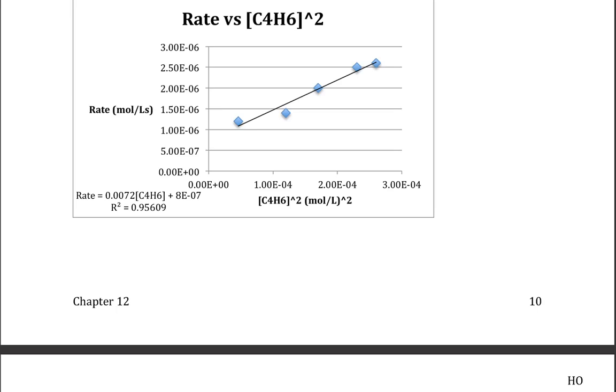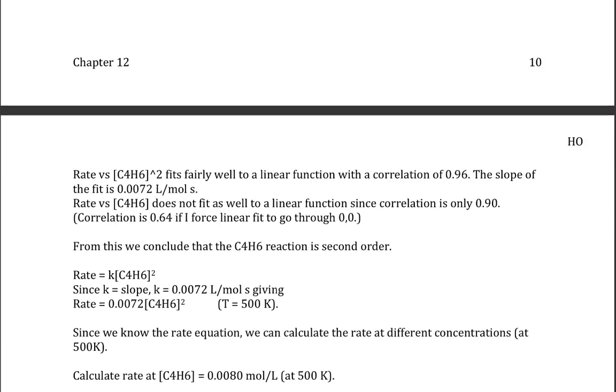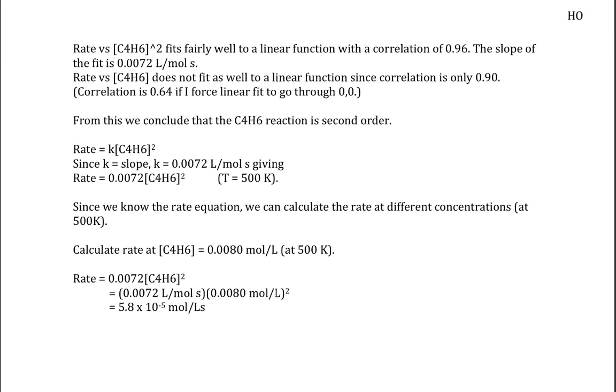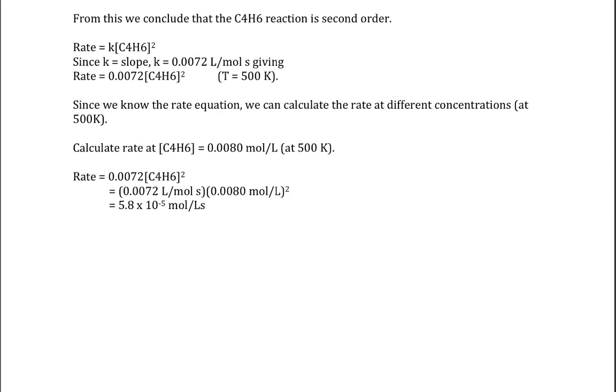So run through that and you will see that the units come out for the slope to be liters per mole seconds. And we're not calling it a first order reaction because the correlation coefficient is not as good. From this, we conclude that the C4H6 reaction is second order.